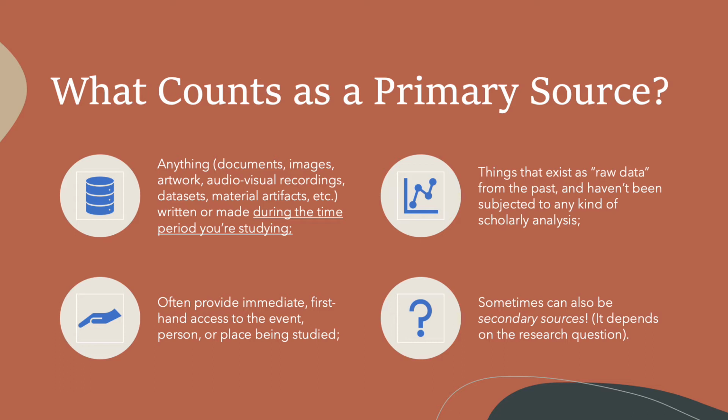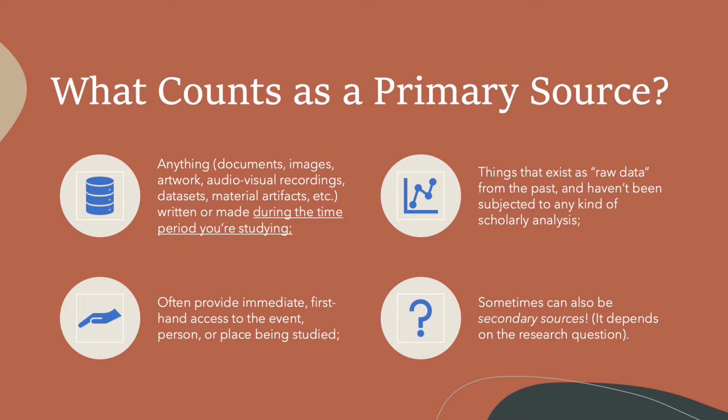Often we think of primary sources as things that give us unmediated, unfiltered, first-hand experience of whatever the event or the person or the place that we're studying is. And this is why some people say things like, oh, a diary or a memoir or a letter is a primary source because that was written by the person who lived at the time and experienced these events. And yes, that is typically a good way of thinking about primary sources.